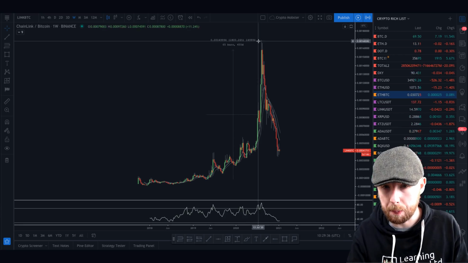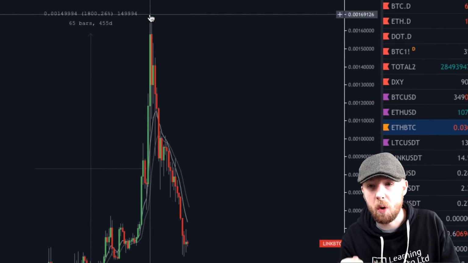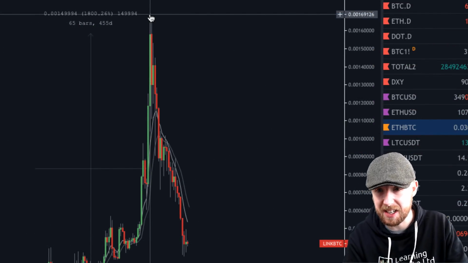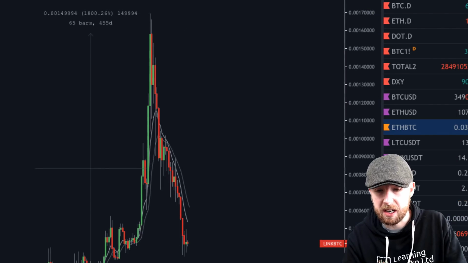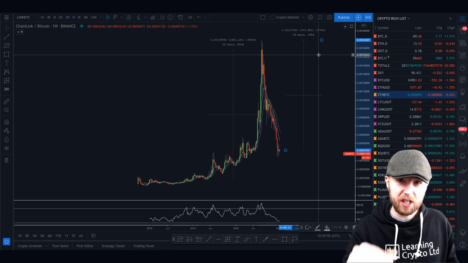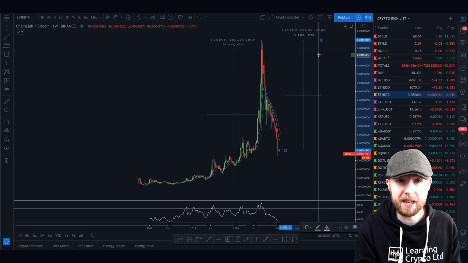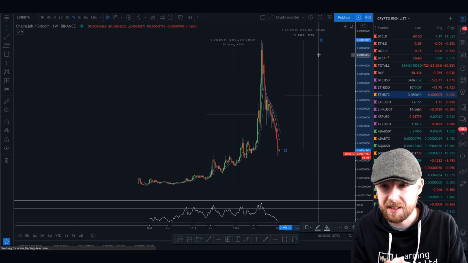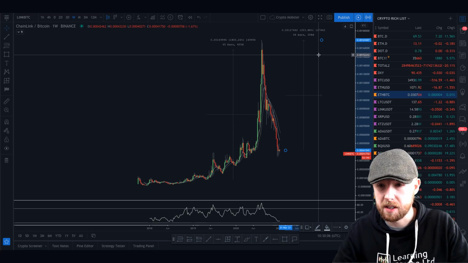Imagine if Chainlink was up here and it was worth 0.0016 BTC, as you can see on that screen. I know it's hard to read, but this will give you an idea of what would happen. Imagine this, right? If Chainlink goes to that price point on the BTC chart, and Bitcoin remains the same price, that's basically triple the Chainlink price.